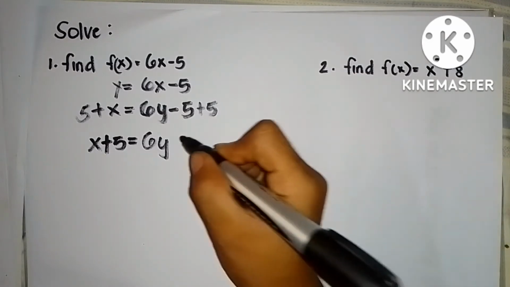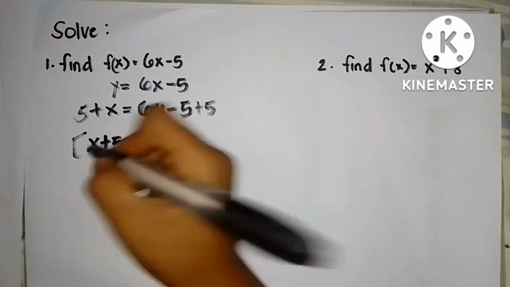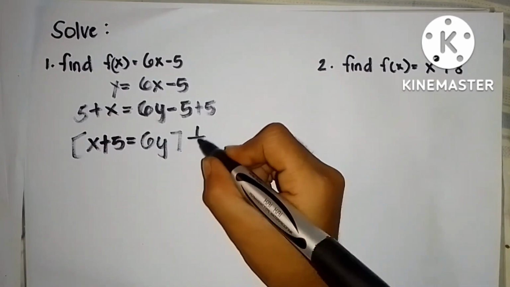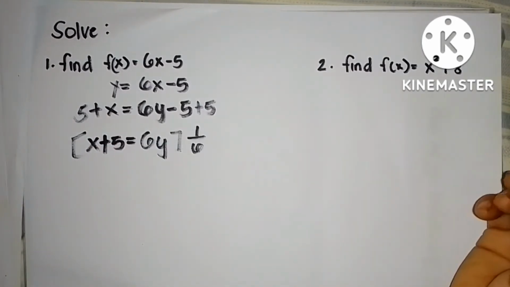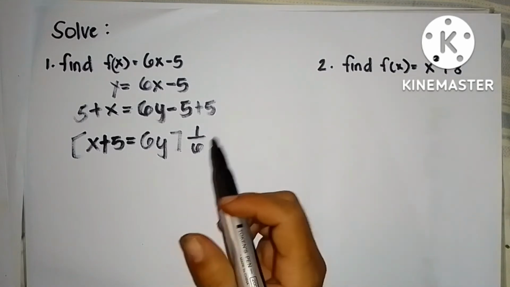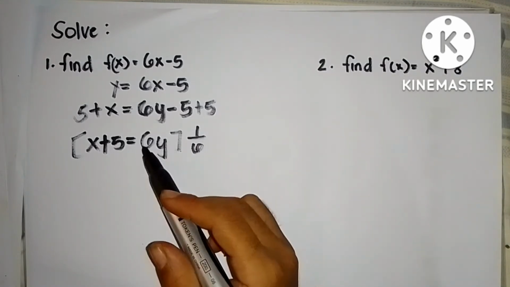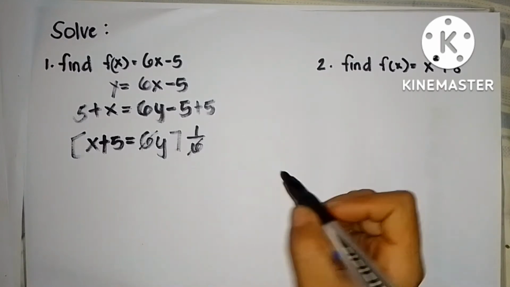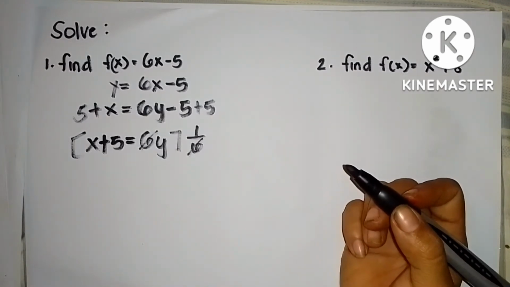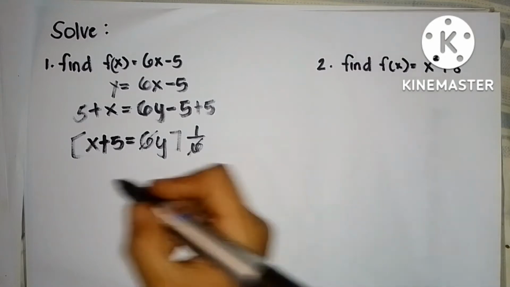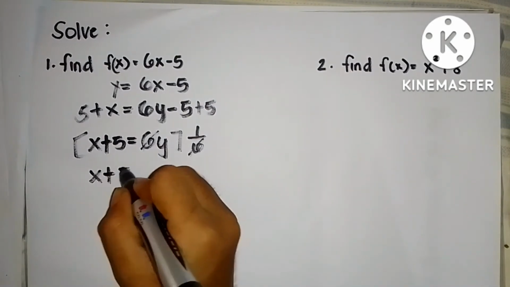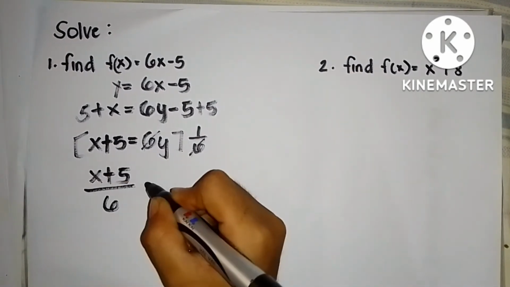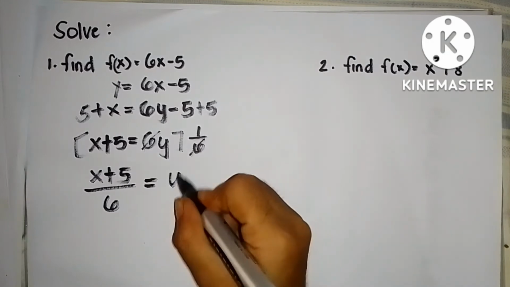So for our multiplicative inverse, we need to multiply by 1 over 6. So cancel this 6, and this will become x plus 5 over 6 equals y.